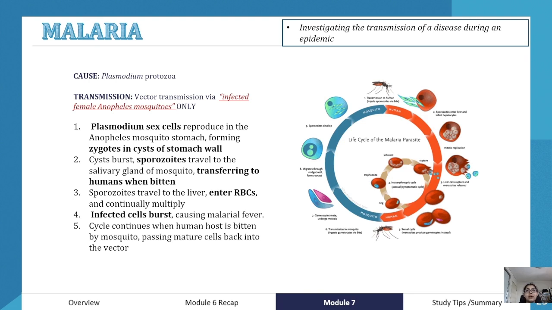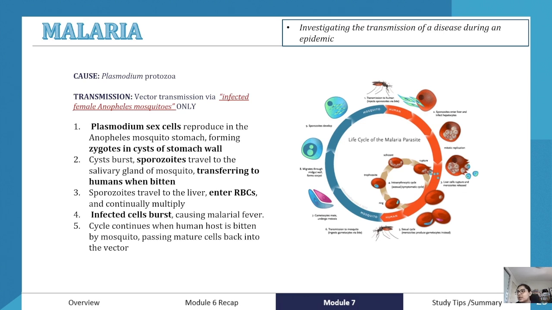But now the Plasmodium protozoa has become quite resistant to the treatment, and so as a result, people still use it, but it is not as effective as when it was first delivered.